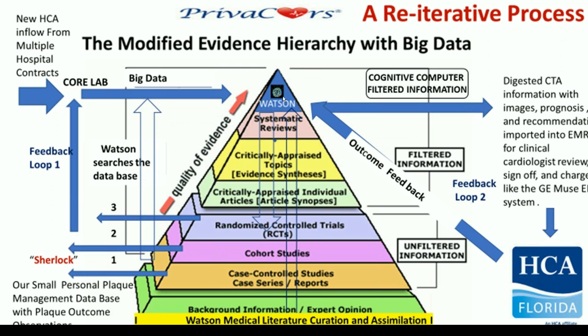And then put that together into an article that's basically cohort studies matched up with another cohort, and then that information comes back up again and becomes part of the large database. So you can see how this is going to change what we consider the top of the hierarchy of data: curated and filtered information will be at the top.